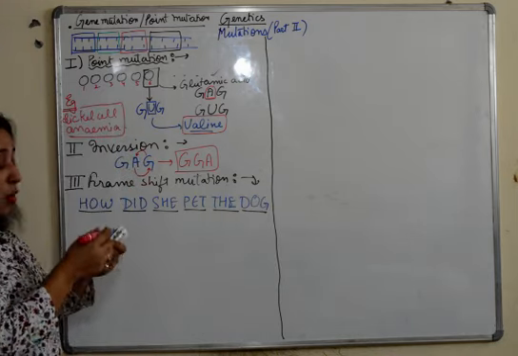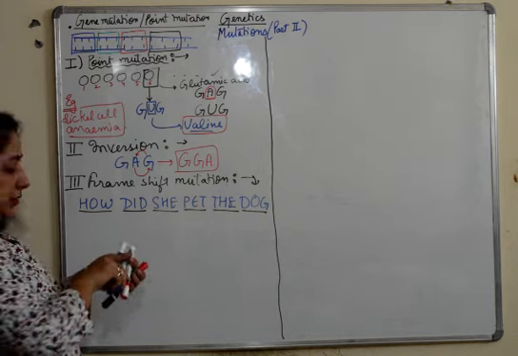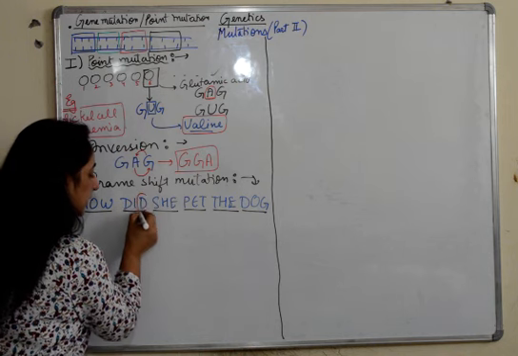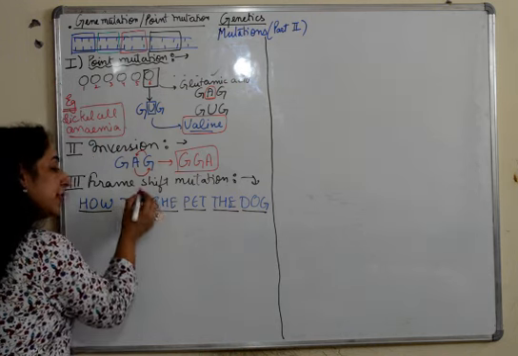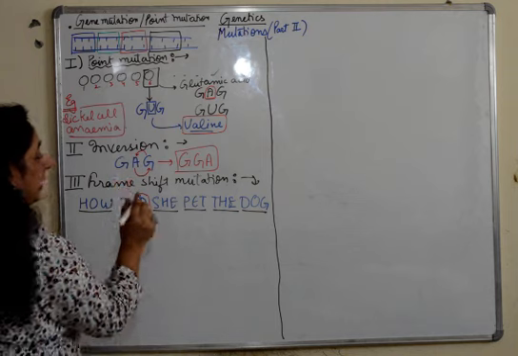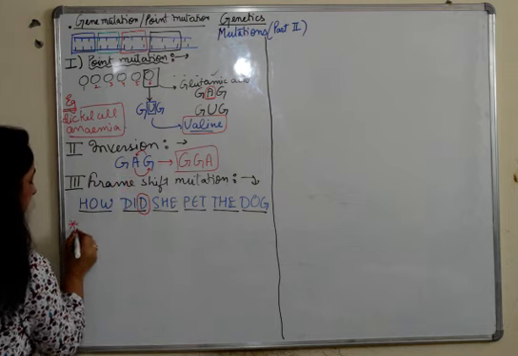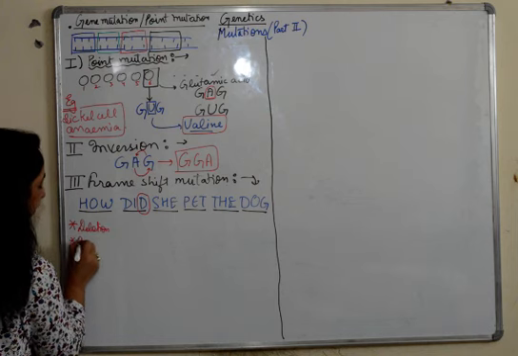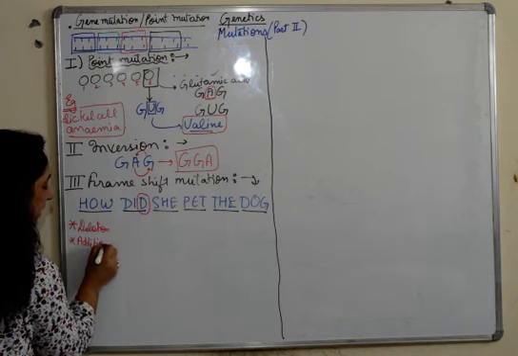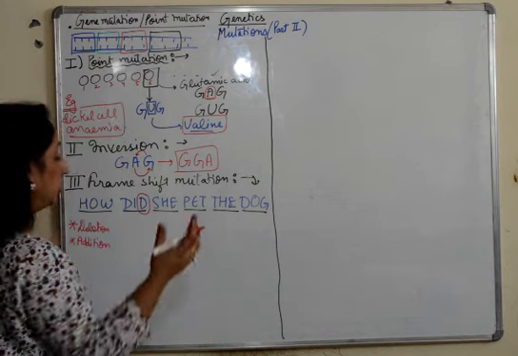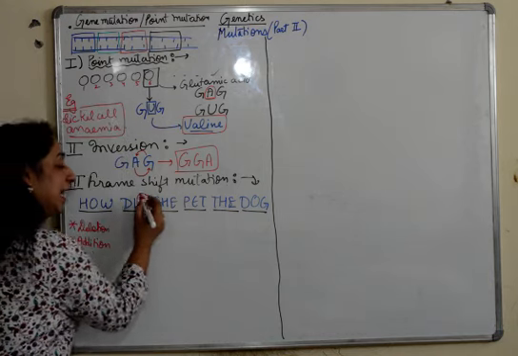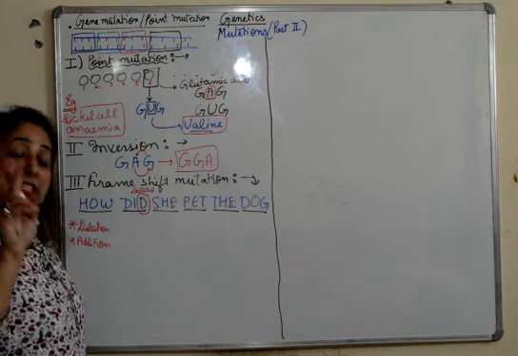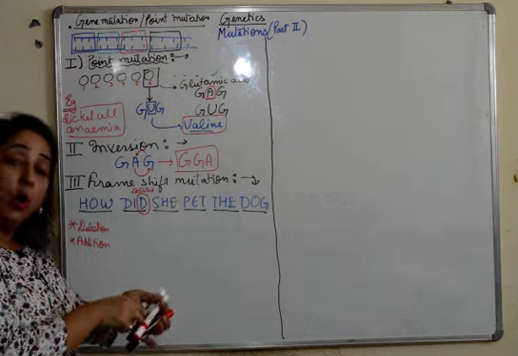Okay? Now, what happens? Suppose maybe from here, this D is removed. Now, frame shift mutation can take place as deletion or addition also. We'll talk about both. Here addition can also take place, deletion can also take place. Suppose this D is deleted. Now if this D is deleted, we will write the whole sentence again.